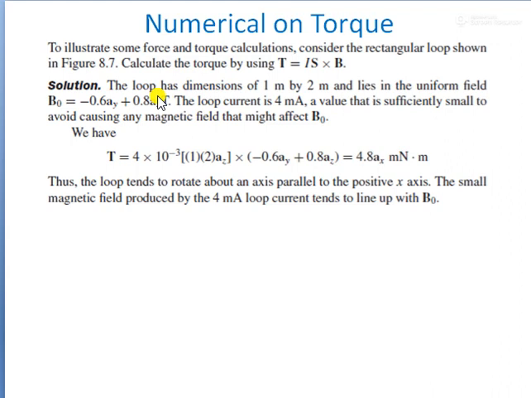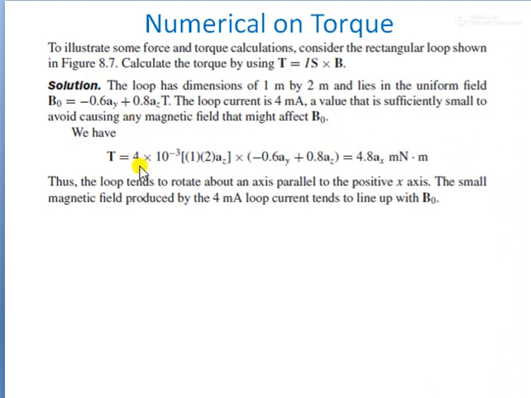Calculate the torque by using T is equal to I S cross B. Now in this case the solution is: the loop has dimensions of 1 meter by 2 meter and lies in a uniform field B0 equal to minus 0.6 ay plus 0.8 az T. The loop current is 4 milliamps, a value that is sufficiently small to avoid causing any magnetic field that might affect B0.